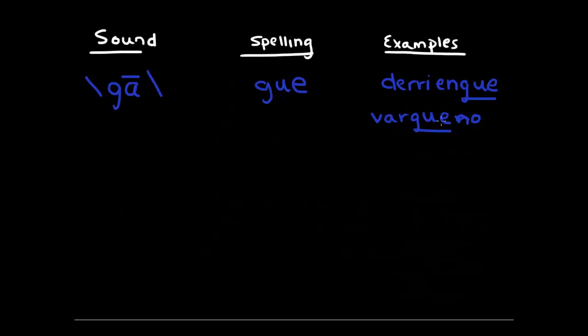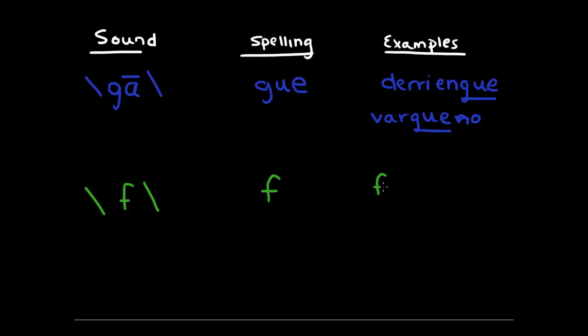Almost always. Okay, and the final consonant sound I wanted to talk about, pretty simple, is the F sound. F. And this is going to be spelled with just an F. In Spanish, don't go adding a PH. That's reserved for Greek. For Spanish, the F is going to be spelled F all the time.